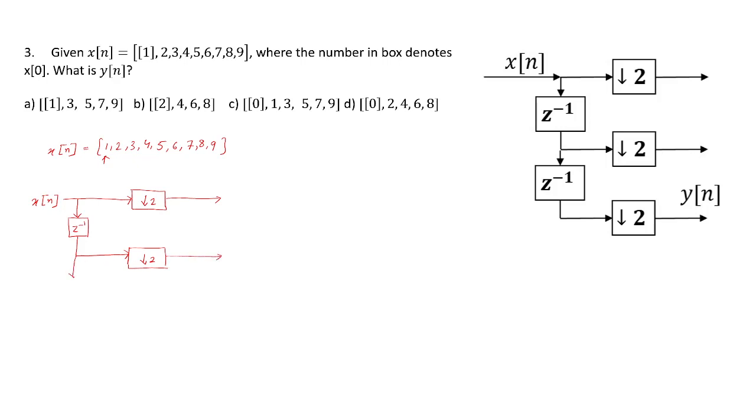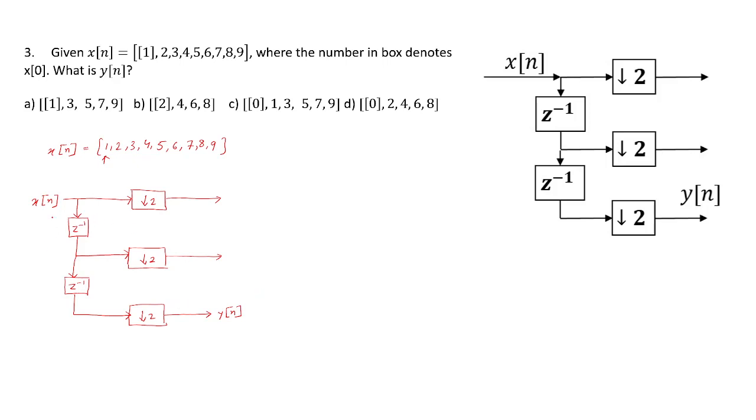Then it is fed again to a 1 unit delay block and fed to a downsampler block here to obtain output y of n. We are interested in what is the output sequence y of n.